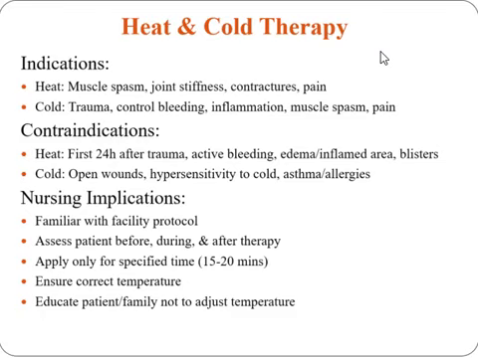Any active bleeding or edema or blisters, because it's going to make the bleeding or edema worse. Cold is contraindicated on open wounds. You can put it on the areas around the wound, but not directly on the wound. Anybody who's hypersensitive to cold or has asthma or allergies.